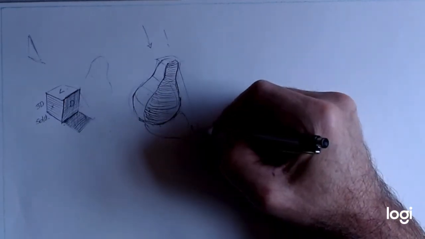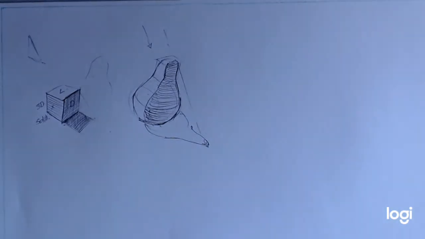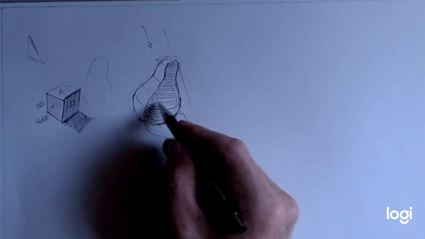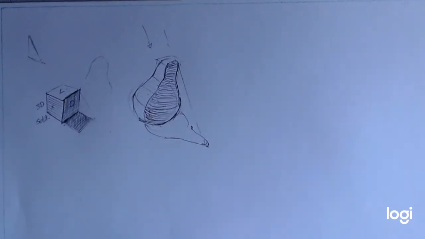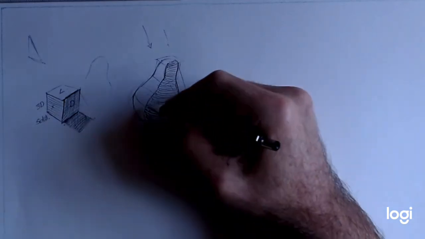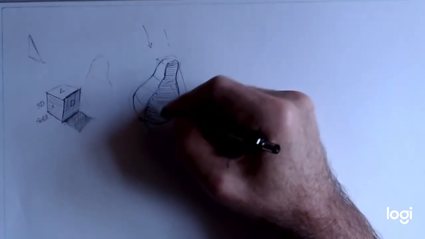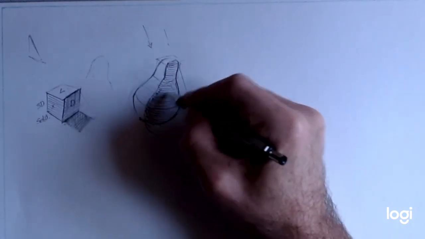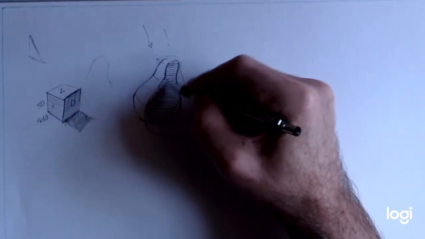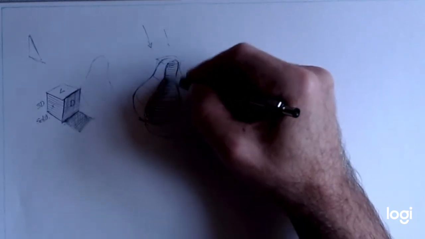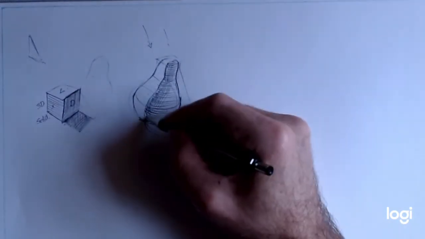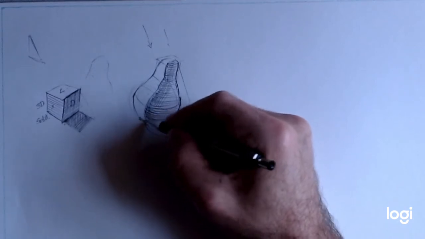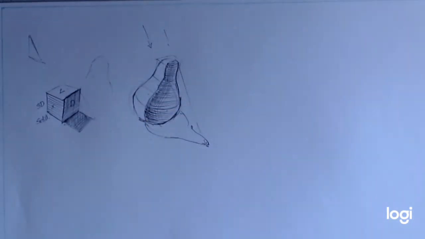Sometimes when the light comes down, it bounces back up and you get what's called a reflected light, which will lighten up the inside of the shadow side. So after I've done this, the way that I like to show that is I like to darken the edge of the shadow. See how I'm working with the shape of the contour? I'm using this darkening. Okay, so that's stage 2.